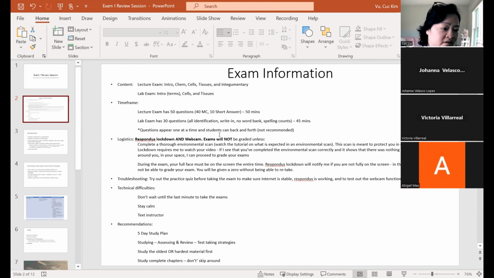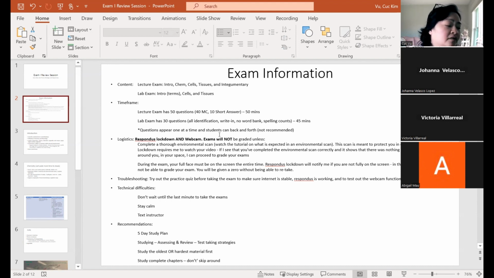We'll take that into consideration. But if you just don't have reliable internet, then we would need to talk about, as you are taking a fully online course, what the implications of that would be. Okay, so just make sure that wherever you're taking the exam, you have reliable internet, your Respondus is working, and you should test out the webcam function as well.